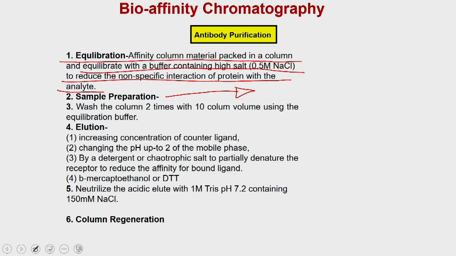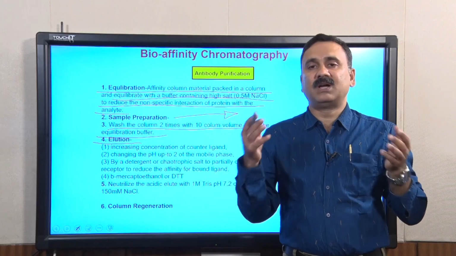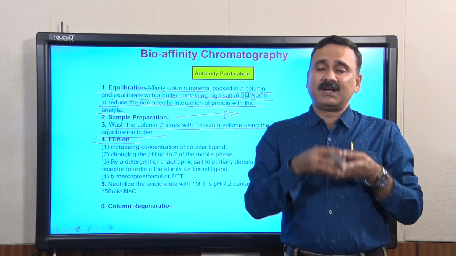Once the sample is injected into the column, you wash the column two times with 10 column volumes of the equilibration buffer. Once the washing is over, that removes the non-specific proteins which are bound to the matrix.